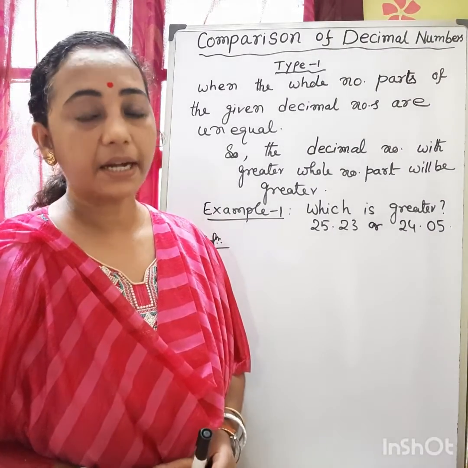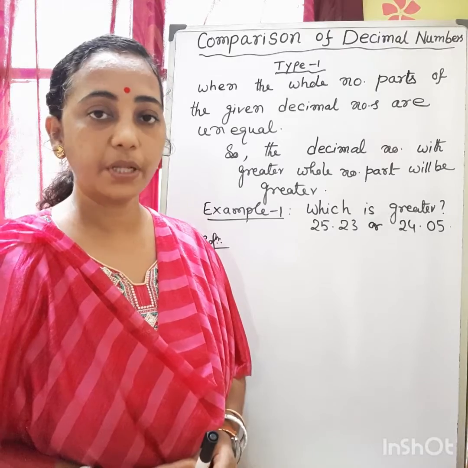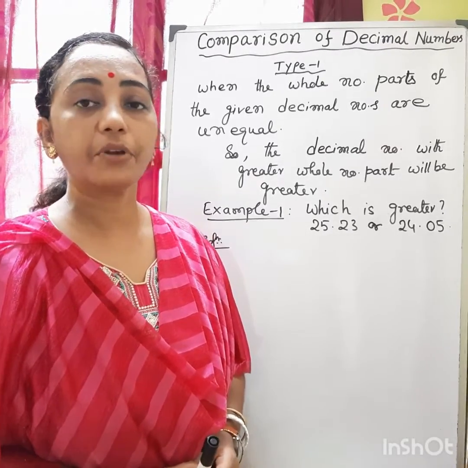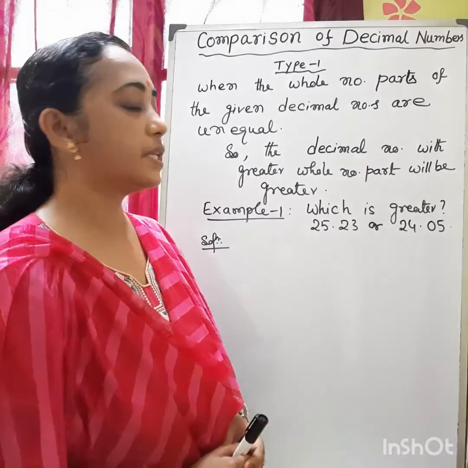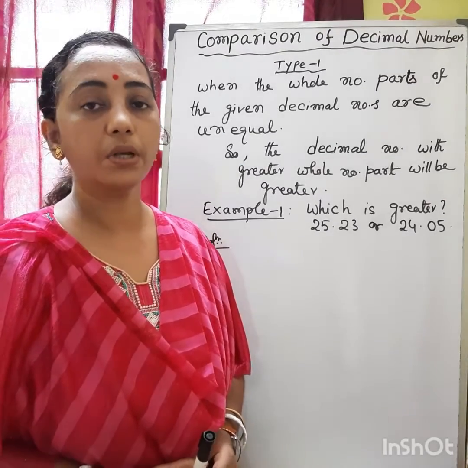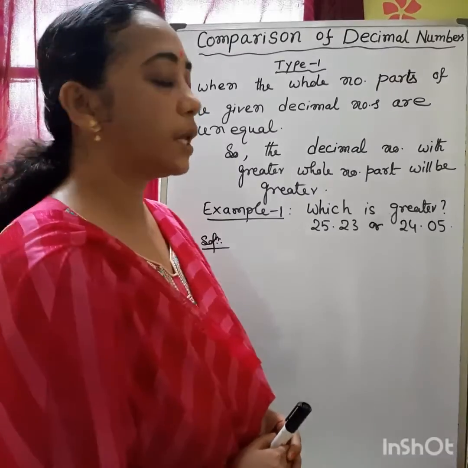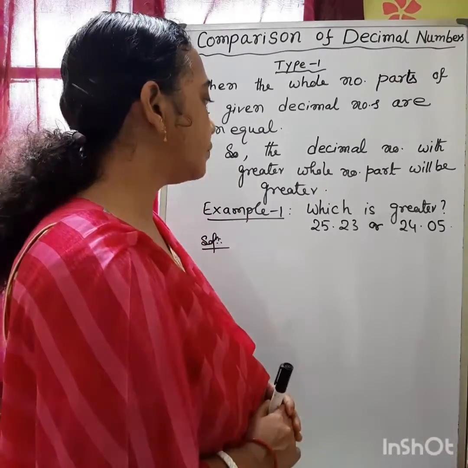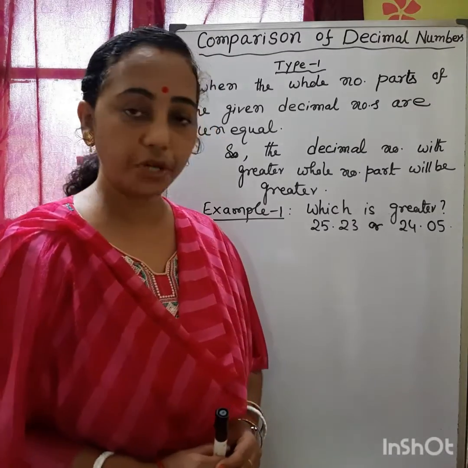Now let us see how to compare the given decimal numbers. Let us consider the first case, when the whole number parts of the given decimal numbers are unequal. In that case, the decimal number with the greater whole number part will be greater. For example, which is greater, 25.23 or 24.05?